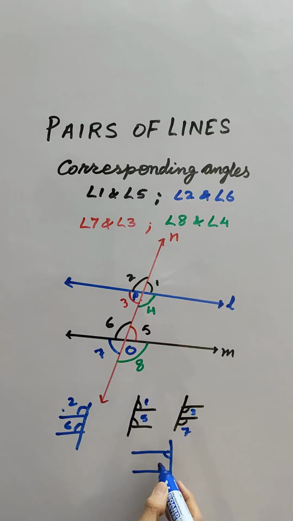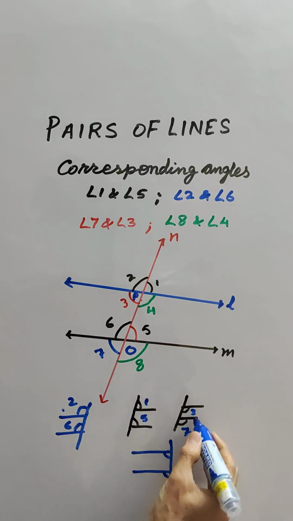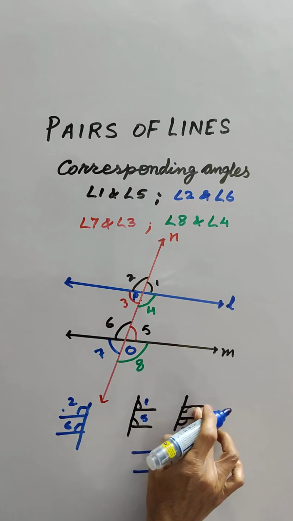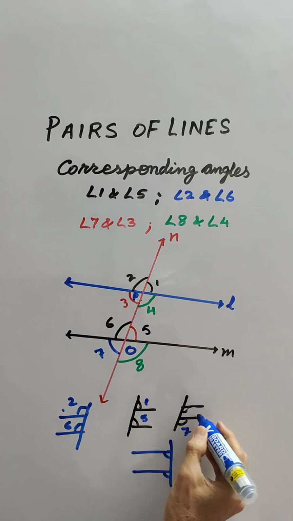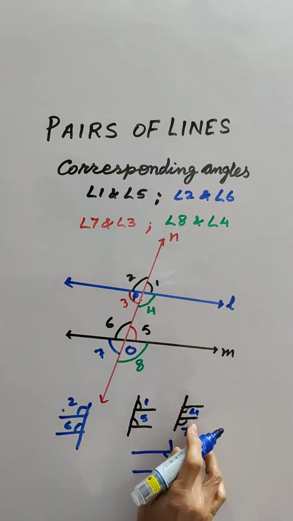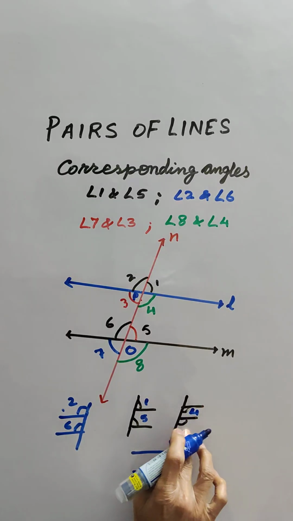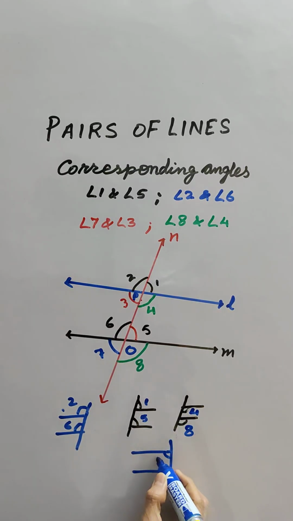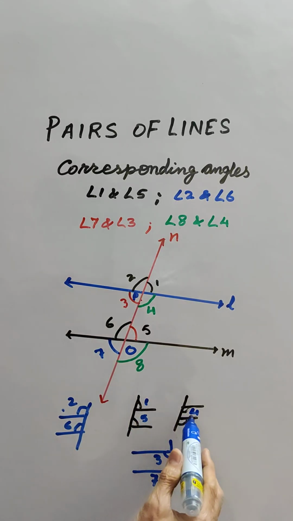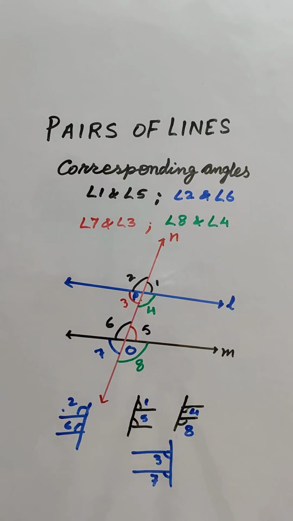And this is angle 4 and 8. This way, there are 4 pairs of corresponding angles.